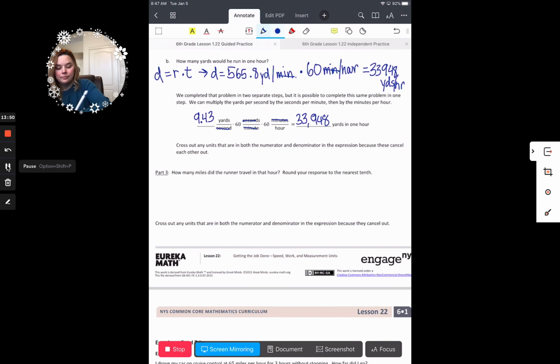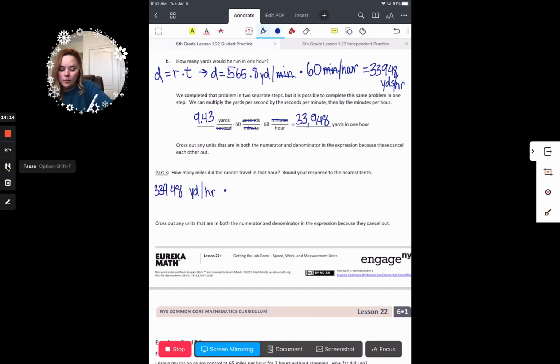So using that same formula that we've been using, we have our yards per hour times our miles over yards, or how many yards are in our mile.